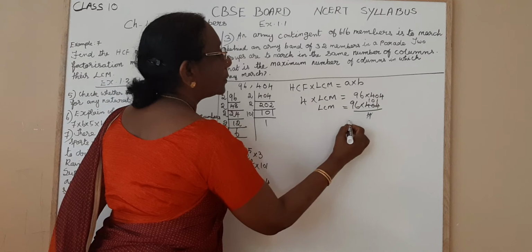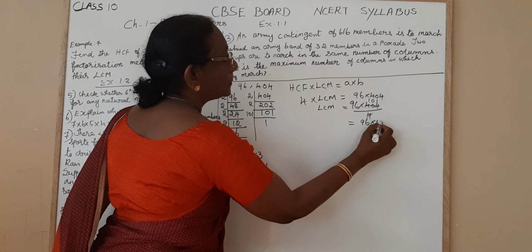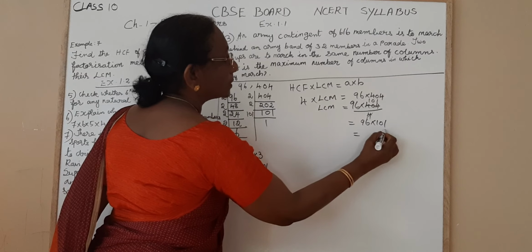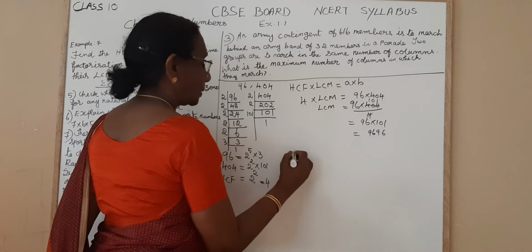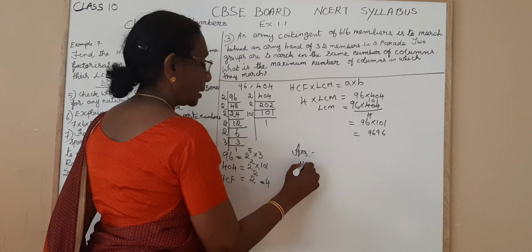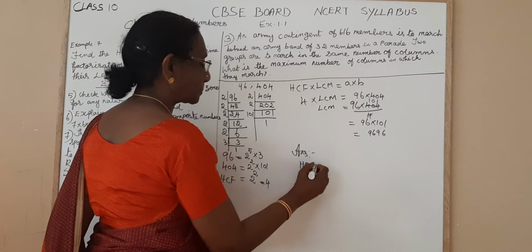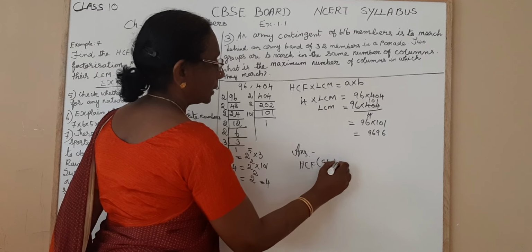You can cancel here. The next step you can write the answer. 101. Now you multiply 96 into 101. 96 ones are 96, then again 96. So the answer is HCF of 96, 404 is equal to 4. That's the first question asked.